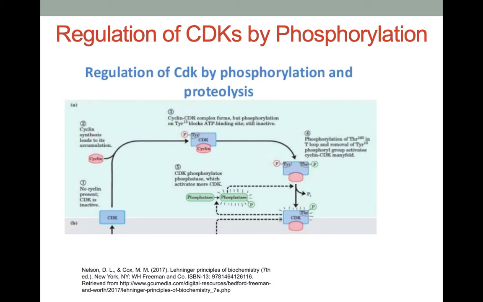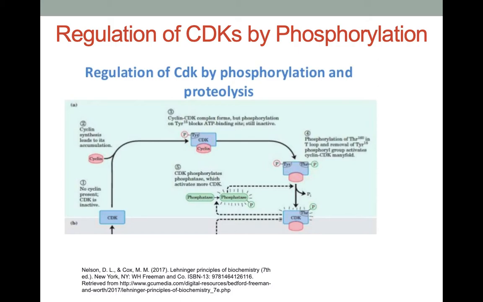The other one, tyrosine 15: when tyrosine 15 is dephosphorylated, it removes a negative charge that's blocking ATP molecules from reaching the binding site. So the ATP is able to get there, and they can activate the CDK molecule.